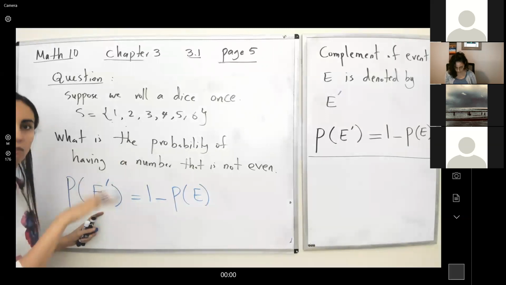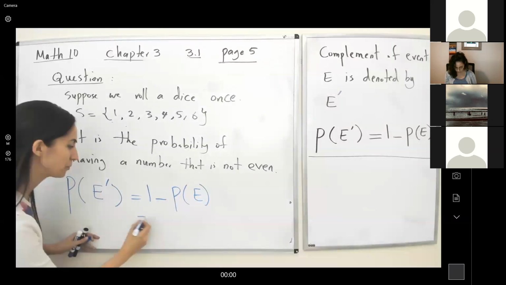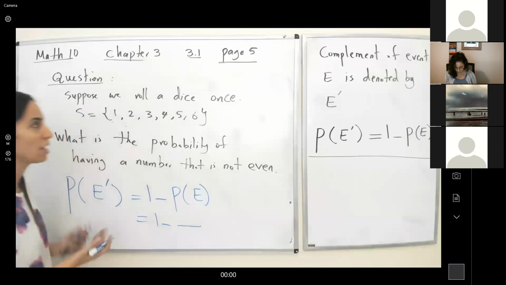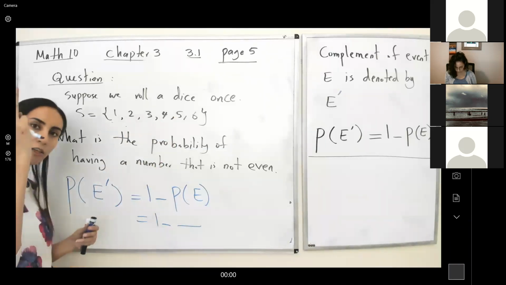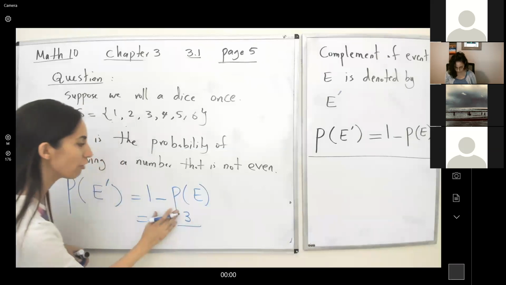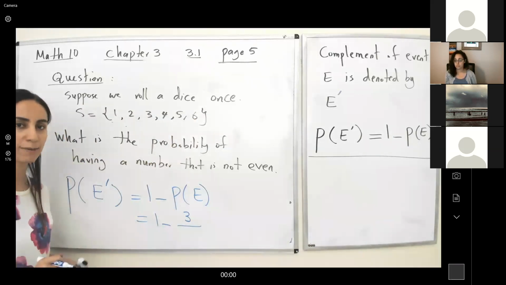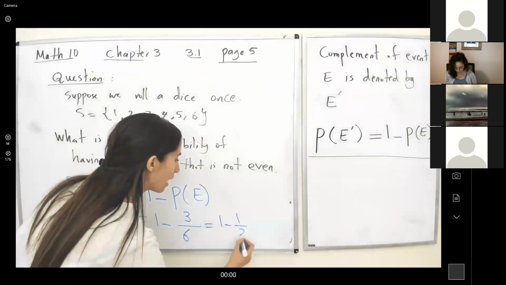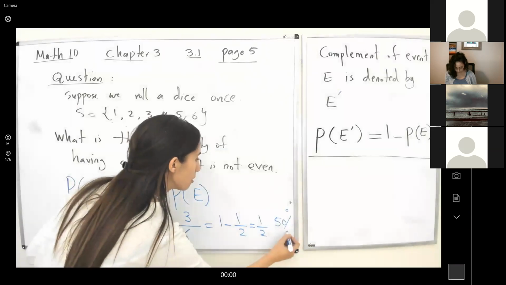Not even, so think about odd, but for now, just not even. How many even numbers do you have? 2, 4, and 6. 3 numbers. 3 divided by the cardinality or size of the sample space, which is 6. So you get 1 minus a half, which is a half, or 50%.